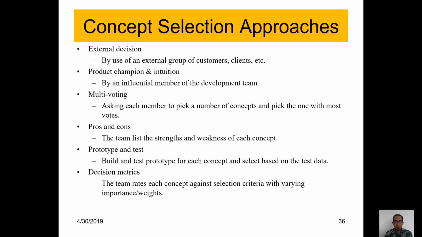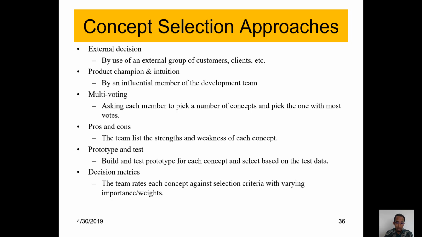So for the concept selection approaches, we will have different approaches here. External decision by use of an external group of customers, clients, etc. Product champion and intuition, so by an influential member of the development team. Multi-voting, using pros and cons, where the team lists the strengths and weaknesses of its concepts.